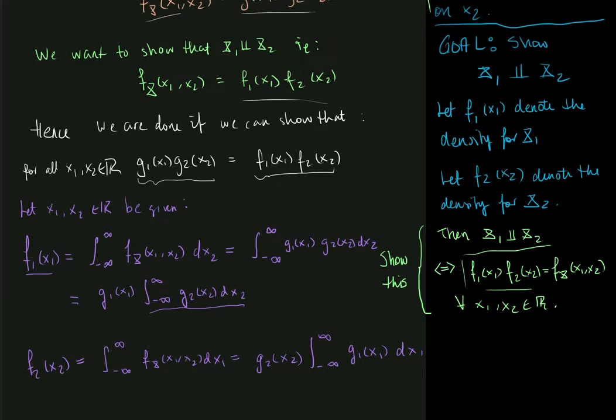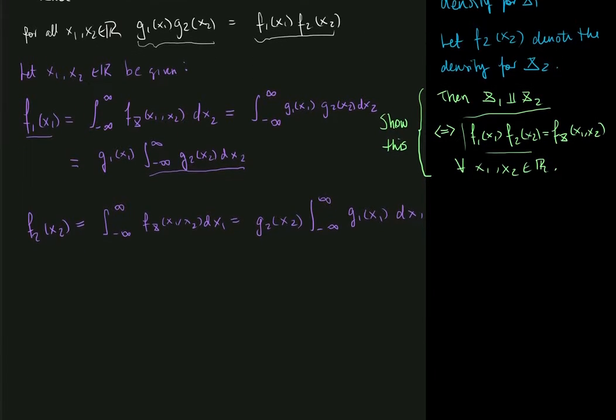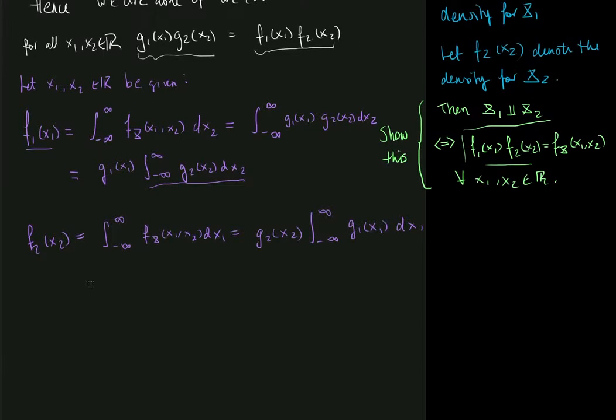So what we have now is an expression for f1 and an expression for f2. And what we want to show is that these two multiplied together give us g1 of x1 multiplied by g2 of x2. So let's see if that is actually the case.